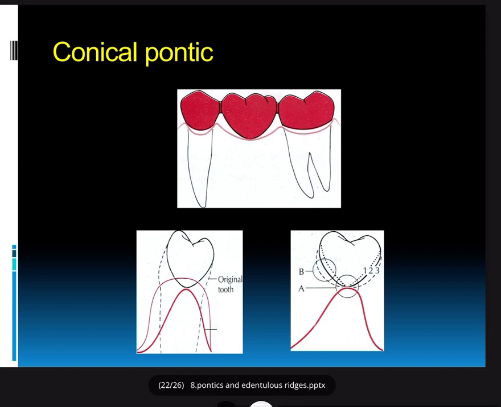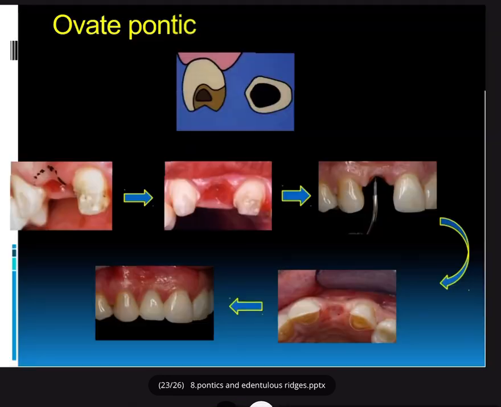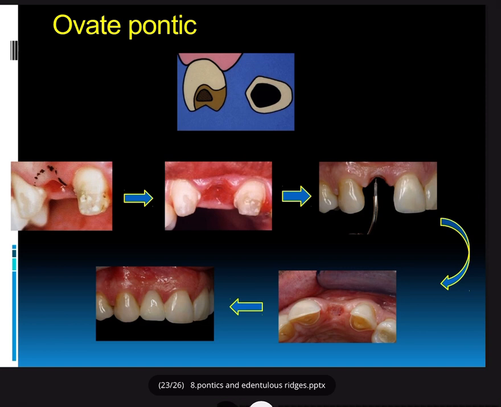This type of design may be unsuitable for a broad residual ridge because the emergence profile associated with the small tissue contact may create an area of food entrapment. In those cases where there is a broad residual ridge and the area is not visible as well, you can use the sanitary or hygienic type of pontics in those clinical conditions. Yes, then you have the ovate pontic.